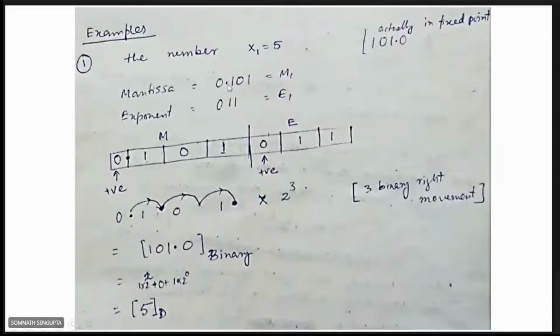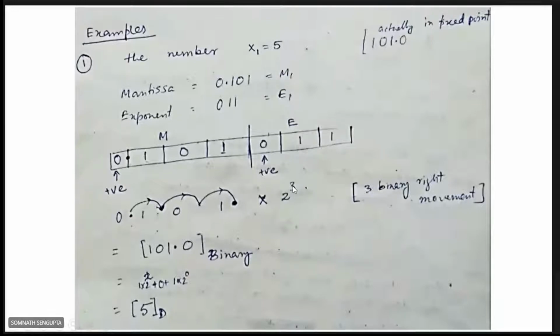But actually the binary point should lie 3 bits after that, that is after 101. So your exponent should tell where the binary point should be, that is after 3 bits. So the exponent should be 2 to the power 3.